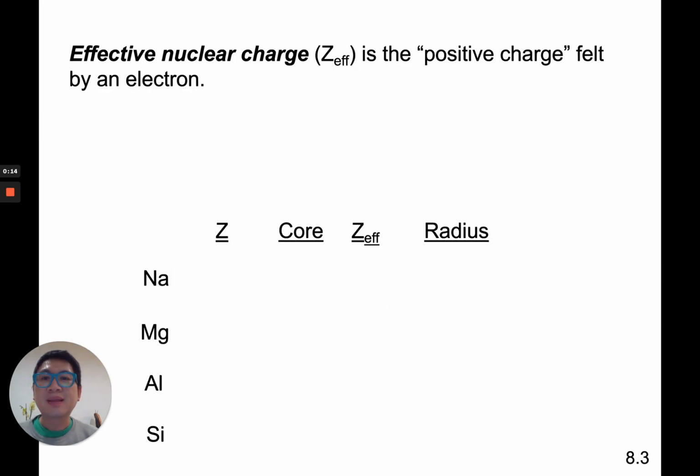So here we are. Okay, so the next thing is about something called effective nuclear charge. The effective nuclear charge is the positive charge felt by an electron.